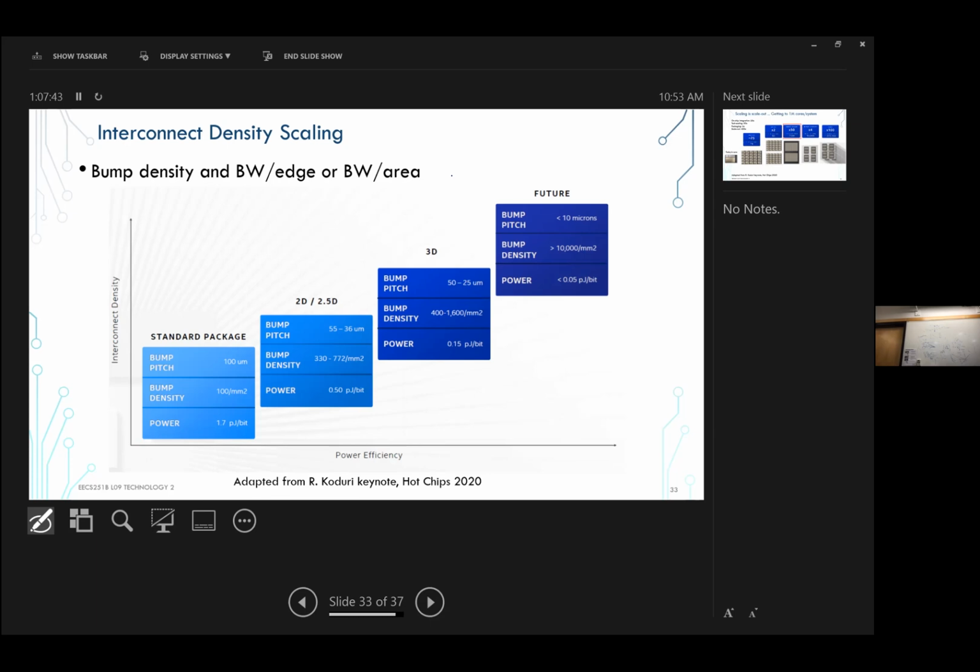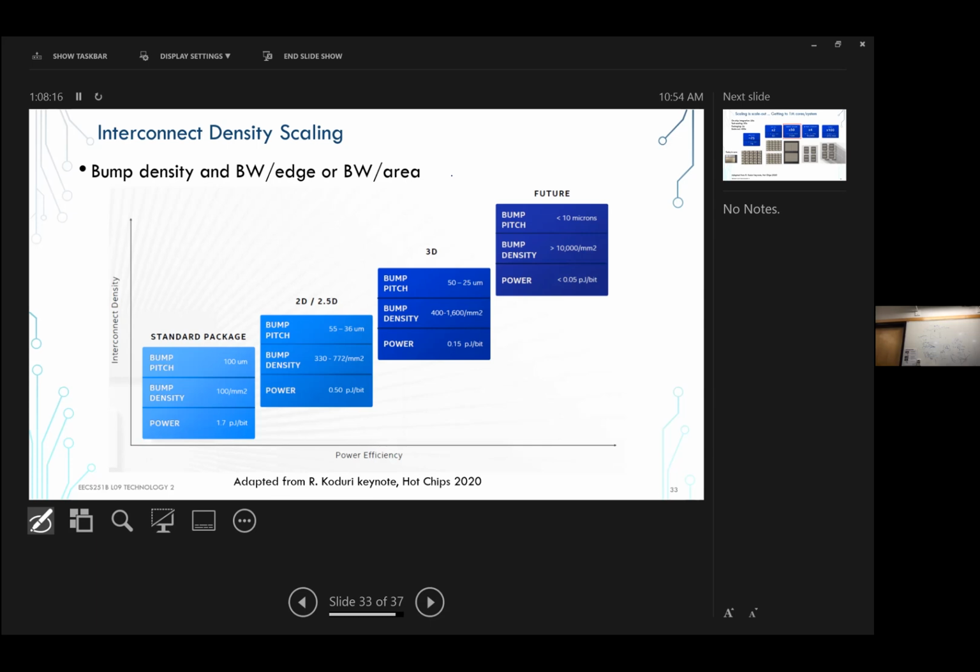Bump pitch is about 100 microns, and bump density is about 100 per square millimeter. Power is about 1.7 gigajoules per bit. If you go to 2.5D packages, which is what we call the ones you're seeing now, bump pitches are between 36 to 55 microns. So the density increases by almost an order of magnitude as power drops, because you simply go to a shorter distance.